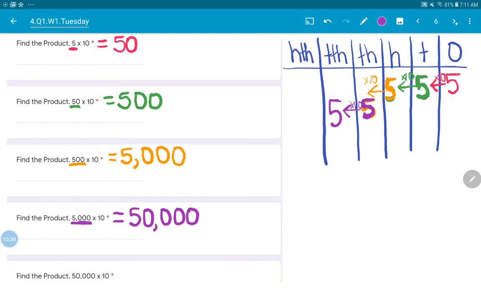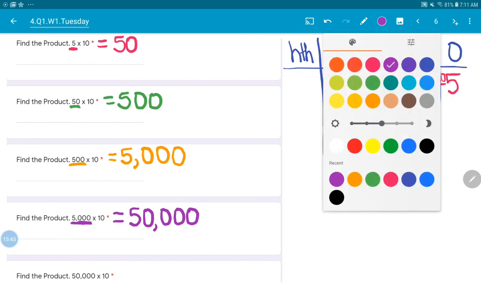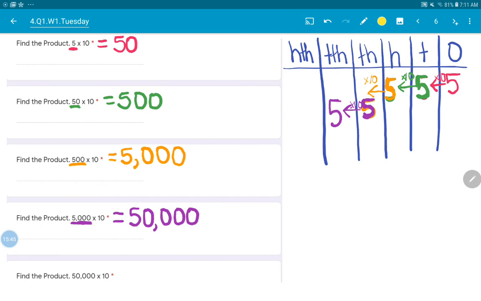And for the last one, I'm going to do 50,000 times 10. Let me find another color. All right, 50,000. I have 5 10,000s here. 5 10,000s times 10 moves my 5 over to the 100,000s place value.